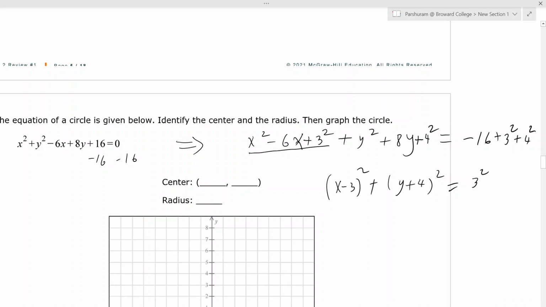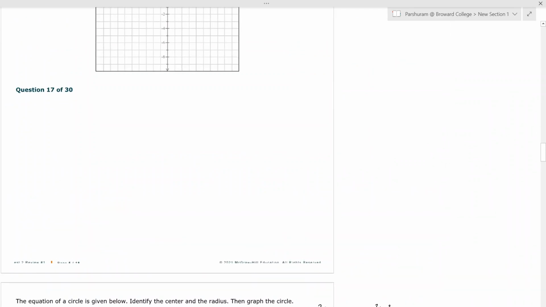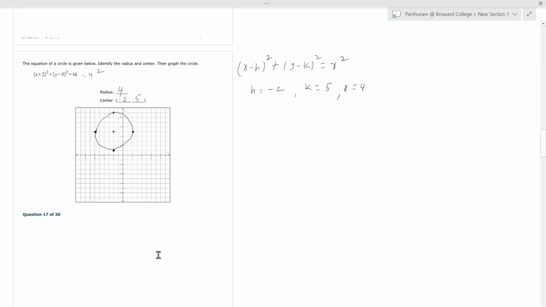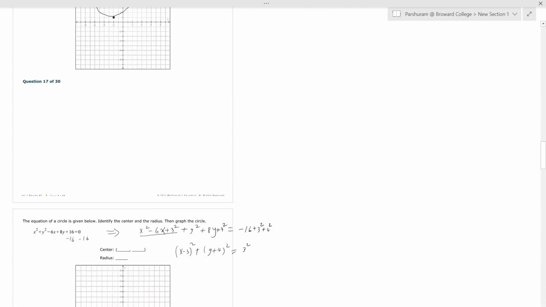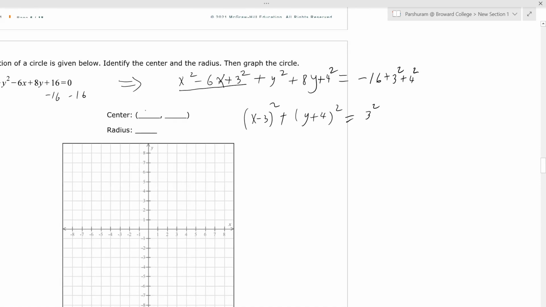So now if we compare this equation with the standard equation of a circle, the way we did in the previous problem, h and k give us the center and r gives us the radius. So in this case, the center is at (3, -4). If there is a plus sign, that means you have to make it minus 4.